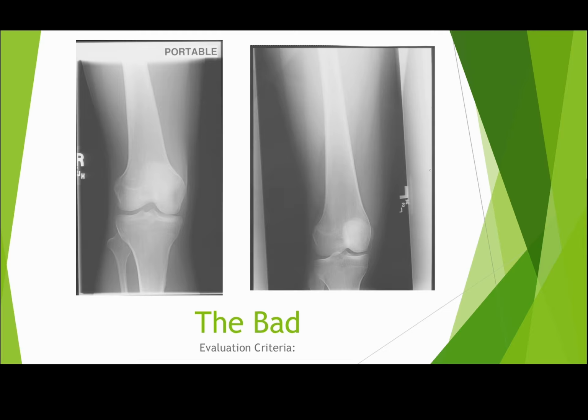Even though the patella looks like it's going toward the medial side, it's just not open enough space. And on the second one over here, it looks like the central ray was off. So it looks like it's more of a distal femur.